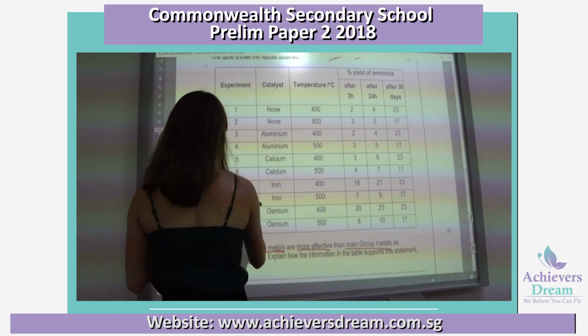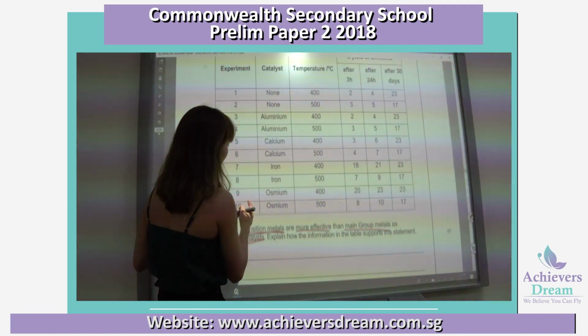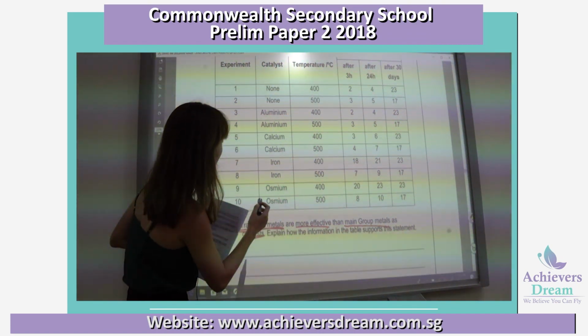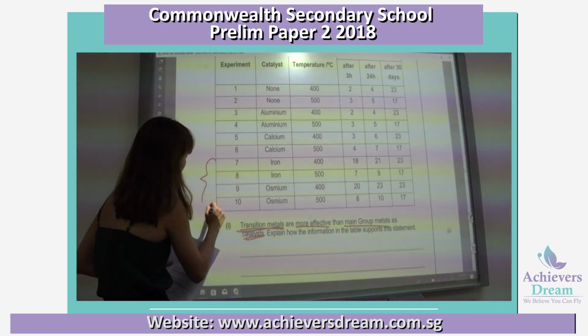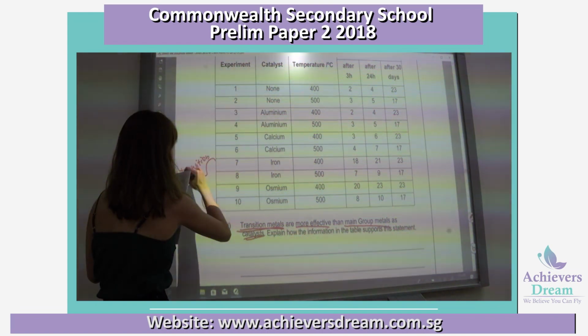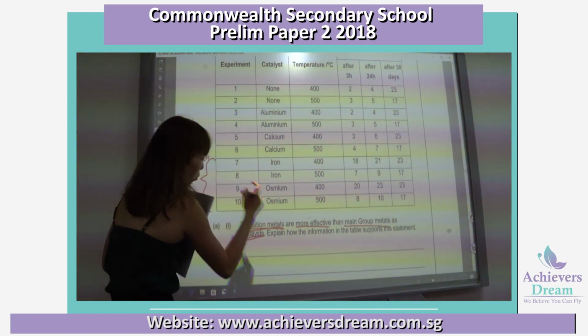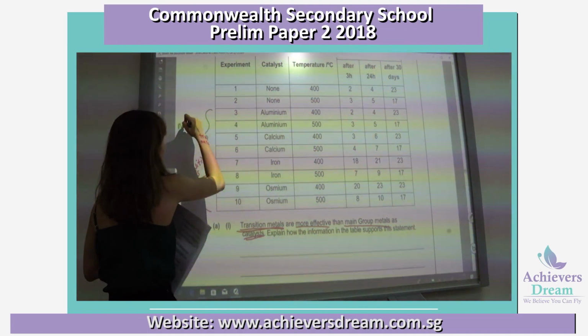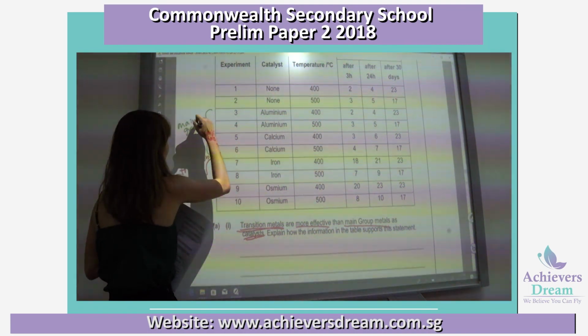Okay, now let's look at which are the transition metals. So iron is a transition metal, osmium also. So from here, they are all your transition metals, correct? Whereby aluminium and calcium are your main group metals.